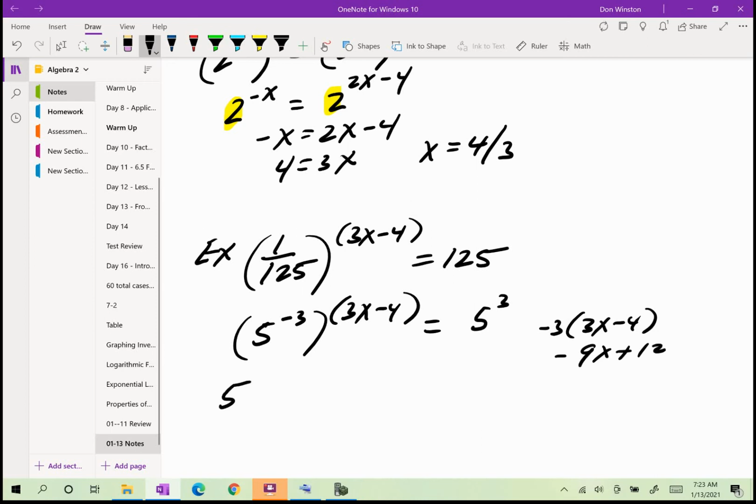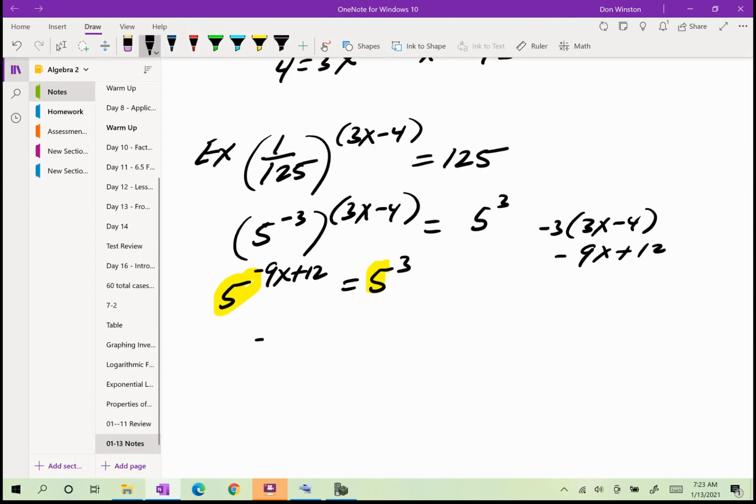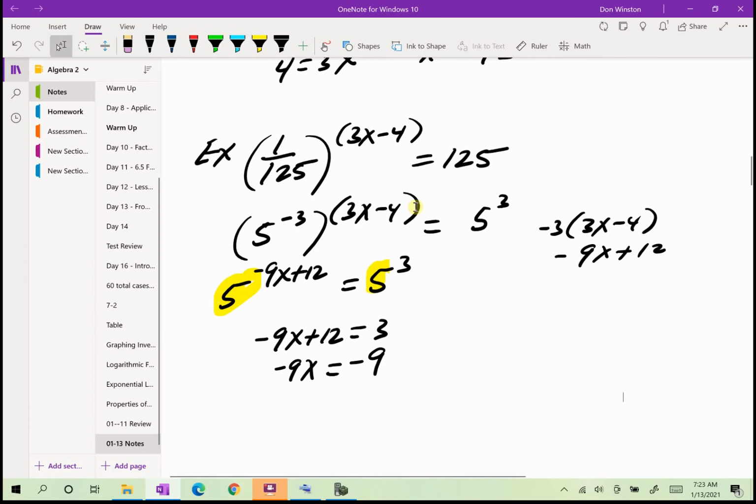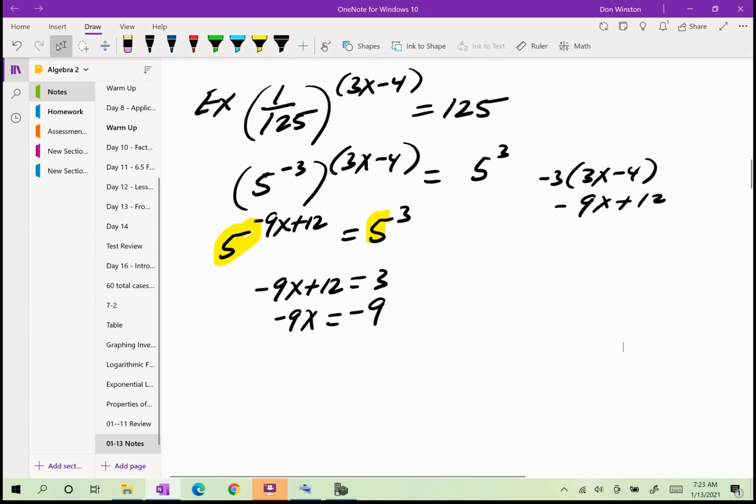So this would be 5 raised to negative 9x plus 12 equals 5 to the third. My bases are the same, so I can set the exponents equal to each other. So I have negative 9x plus 12 equals 3. If I subtract 12, I get negative 9x equals negative 9. Divide by negative 9, and I get x is equal to 1. Solved.